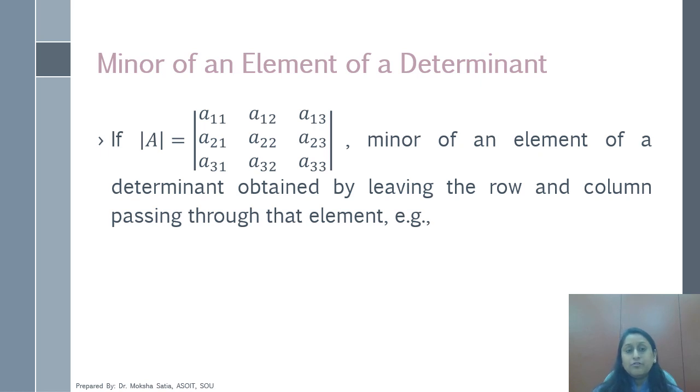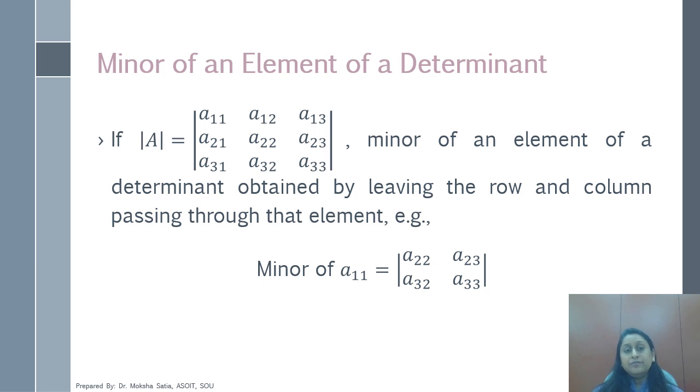So if we want to find a minor of any element, we should eliminate the row and the column which pass through it. For example, if I want to find the minor of A11, I should eliminate the first row and first column.